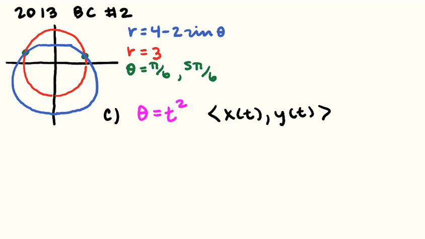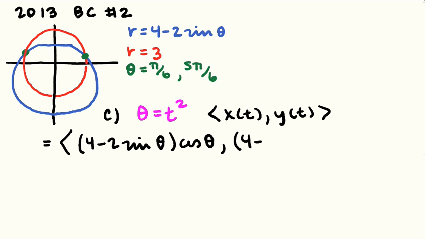So x in terms of theta is r cosine theta, like we said before: 4 minus 2 sine theta, times cosine theta. And y is r sine theta, which would be 4 minus 2 sine theta times sine theta.